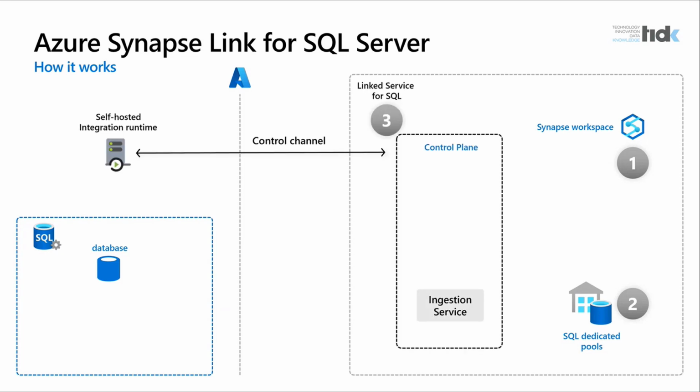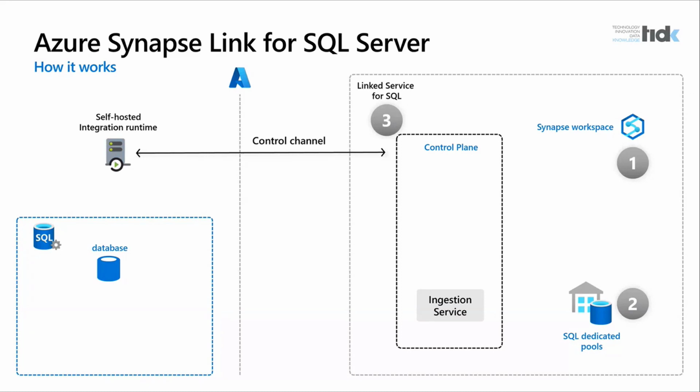Okay, the next step is the creation of the linked service for our on-prem SQL Server. This is the usual thing. We are using our self-hosted integration runtime, and we are creating this linked service just like usual in the Synapse workspace. We use the credentials to our SQL Server, doesn't matter whether Windows credential, Active Directory credential or SQL credential authentication.